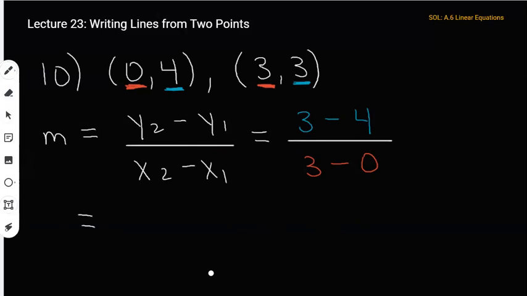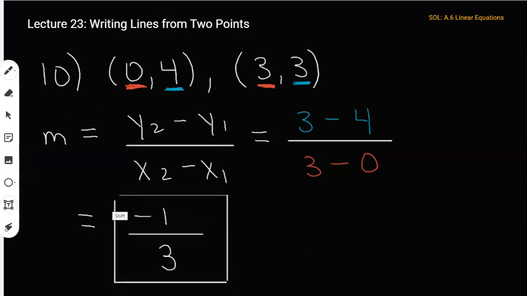Okay, so on top, I have 3 minus 4. That's going to be -1. But on the bottom, it's 3 minus 0, and that would be what? Three minus 0 is 3. So this is going to be my slope.